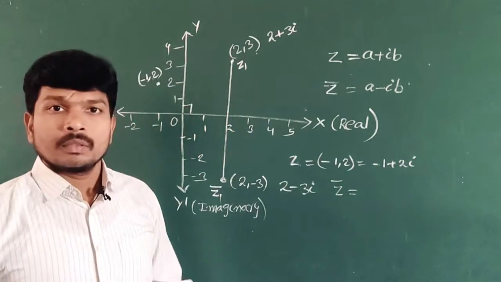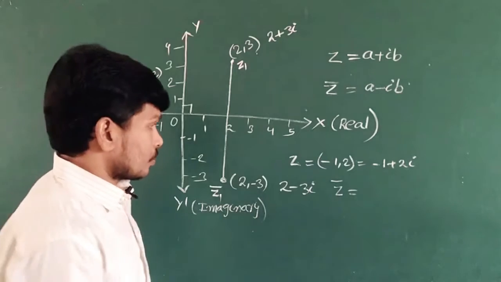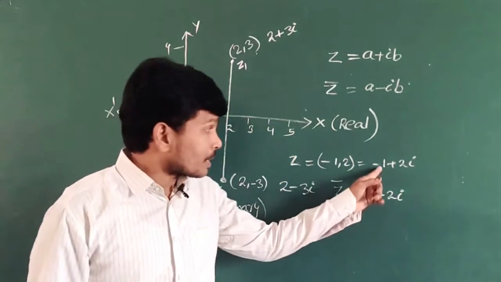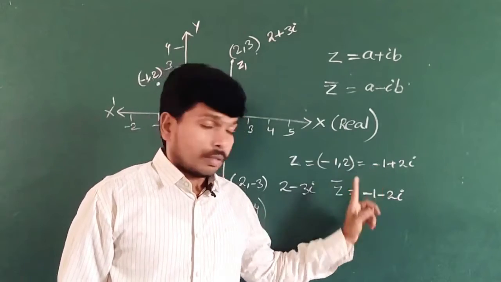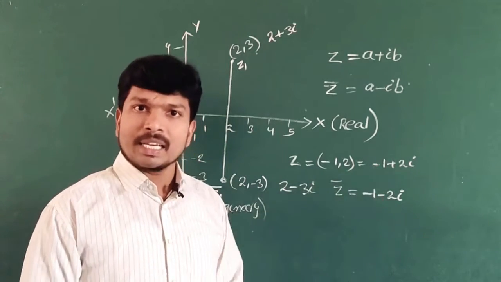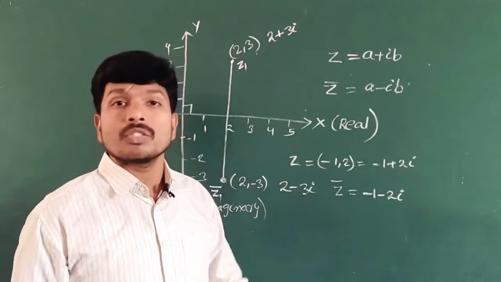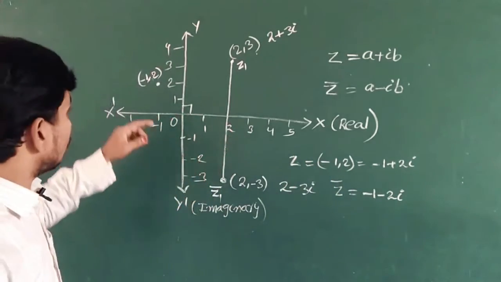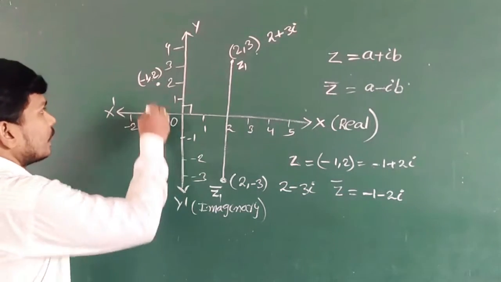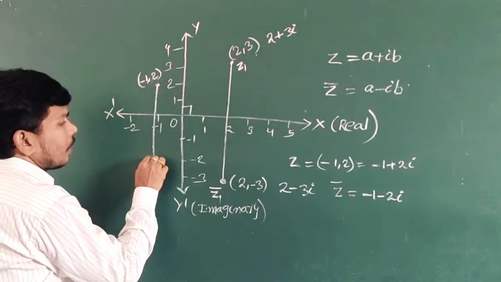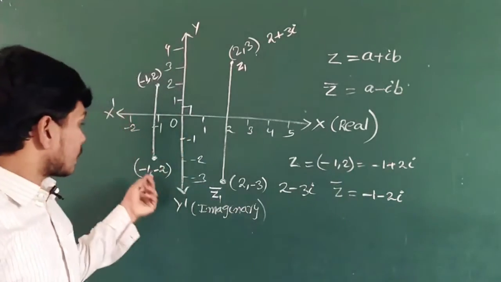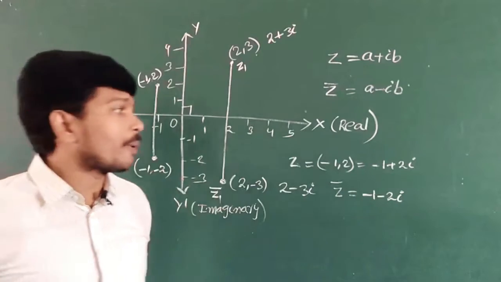Can you tell me the z bar value? So the z bar value is minus 1 minus 2i. Do not change anything else, then only you will get a real number when we add both and multiply both. Whether you multiply or add these two, you get a real number, so these two are called conjugates to each other. How can we say it graphically? The reflection of minus 1 comma 2 with respect to the x-axis is in which quadrant? The third quadrant. In the third quadrant, what will you get? Yes, this is minus 1 comma minus 2. It indicates minus 1 minus 2i. The x-coordinate is the real part and the y-coordinate is the imaginary part.